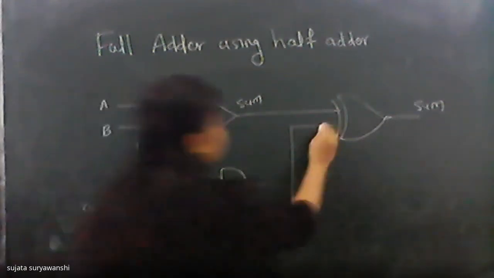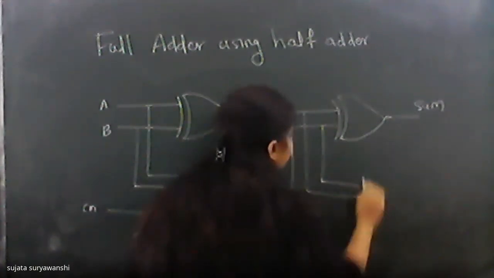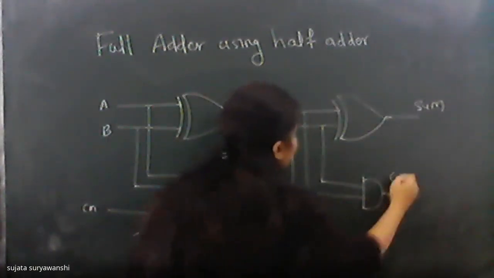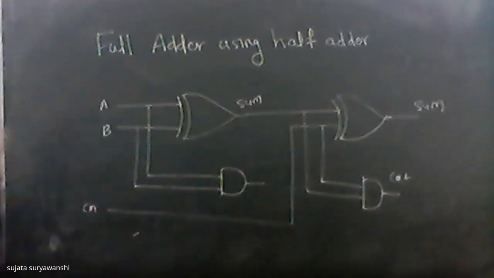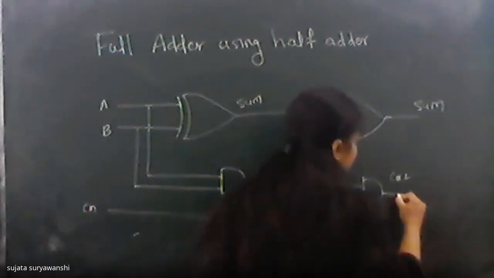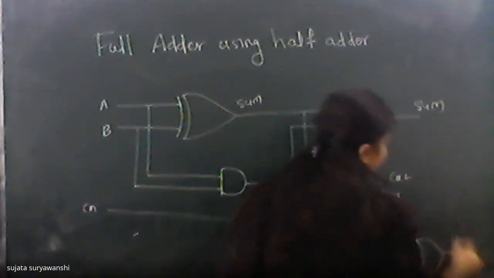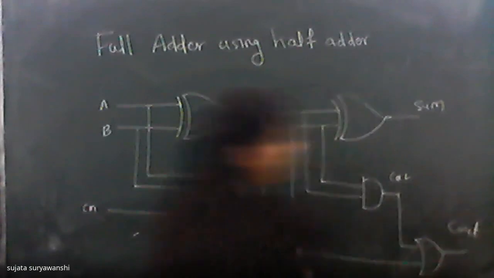Again, this carry is this one and this one. We get this carry C out. So this carry and this carry should be given as inputs to the OR gate. This is your final carry out.